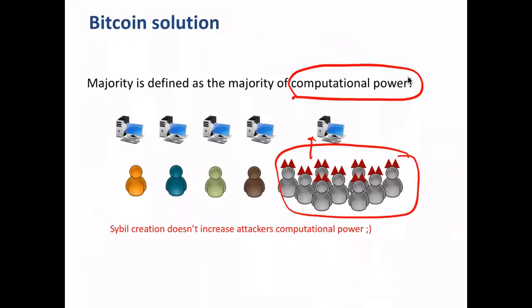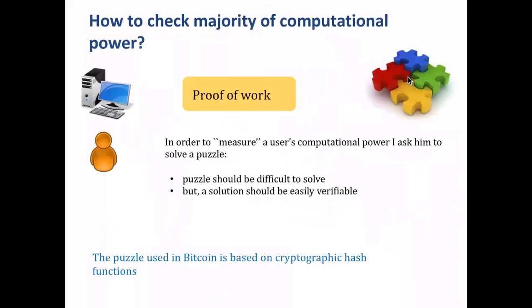So Sybil creation does not increase the attacker's computational power. Now, to implement that, the system is designed so that before any miner can announce that he or she has created a block, a puzzle has to be solved. That's called proof of work.